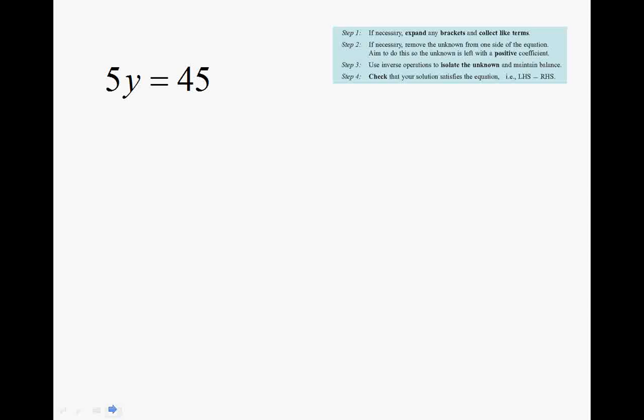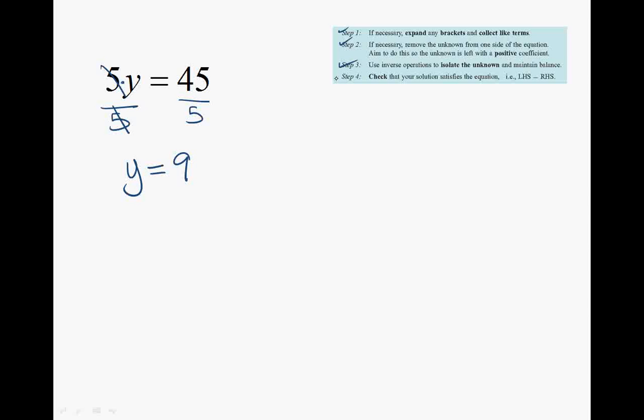All right, let's try this one: 5 times y equals 45. Step 1, we don't need to do anything. Don't have to do anything in step 2. Inverse operations: 5 times y, so we want to do the opposite of multiplication, which in this case is division. 5 divided by 5 cancels out, that's 1, so we'll have y equals 9.